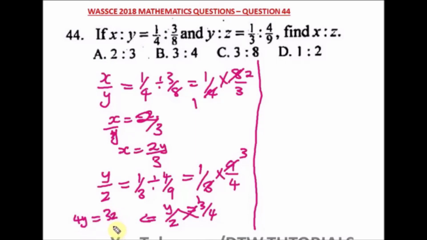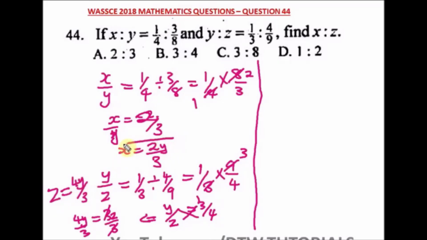Okay, since we want to make z the subject of formula, we have to cancel out the coefficient of z. So we divide both sides by 3 to cancel out 3 here. Okay, so we have only z left here. So divide both sides by 3. 3 will cancel out. So we're left here with z is equal to 4y over 3. Okay, so this is z. z is 4y over 3.